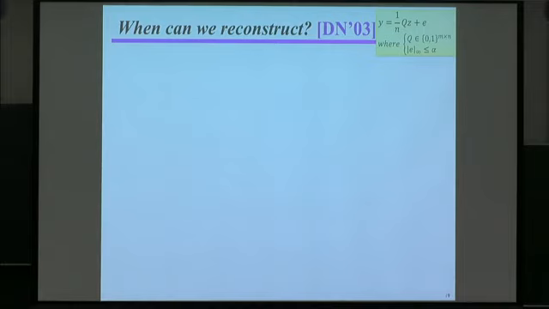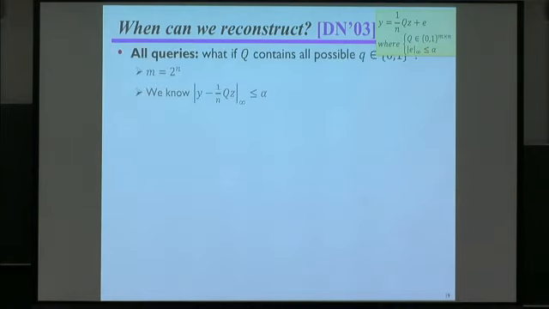This is roughly speaking the question posed by Dinur and Nissim. One thing they looked at is, what if Q really has a lot of rows in it? What if Q contains all the possible questions, all the possible binary linear combinations I could have asked? So it contains all possible q in {0,1}^n.